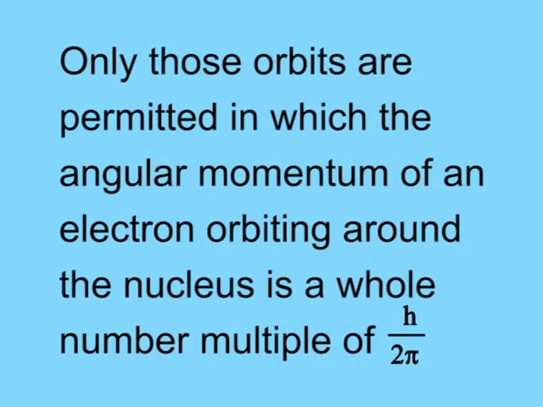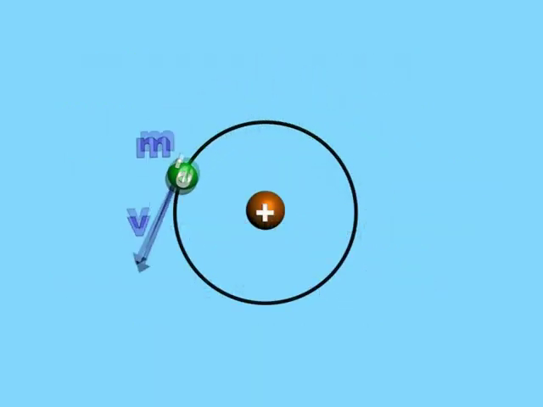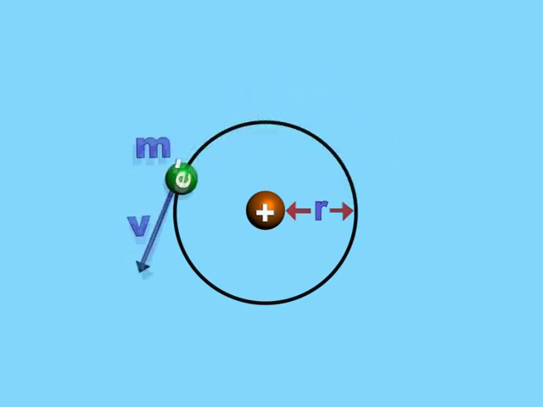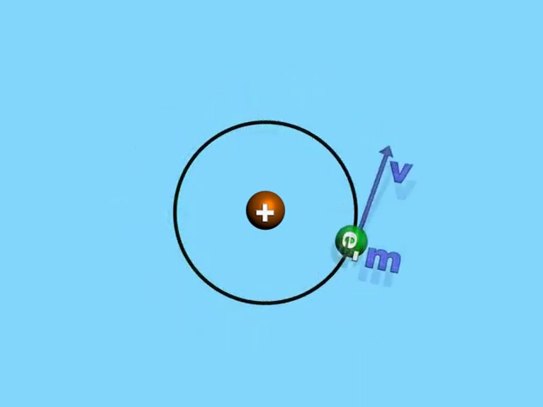Only those orbits are permitted in which the angular momentum of an electron orbiting around the nucleus is a whole number multiple of Planck's constant h divided by 2 pi. Let us try to understand it with the help of this animation.